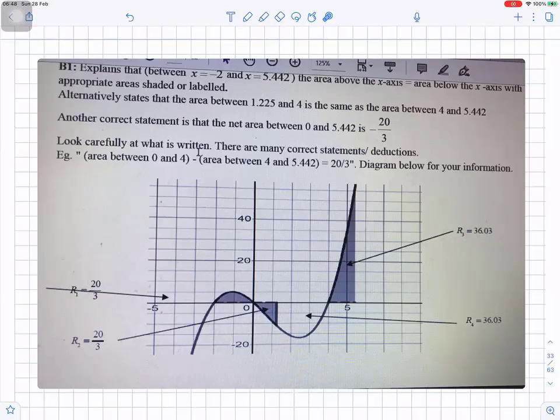That's what you need to say. Or you can state that the area between 1.225 and 4 is the same as the area between 4 and 5.442. Or you can say the net area is minus 20/3. So that's what you need to show and to say.